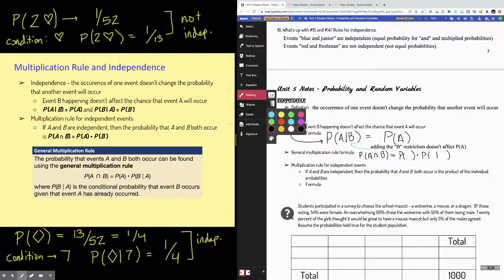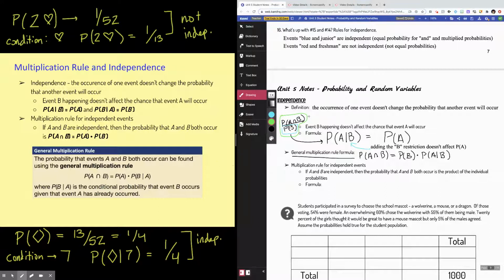So the general multiplication rule is, if you want to find the and probability, that would be the probability of B times the probability of A given B. This essentially is a multiplied out version of this general conditional probability formula.